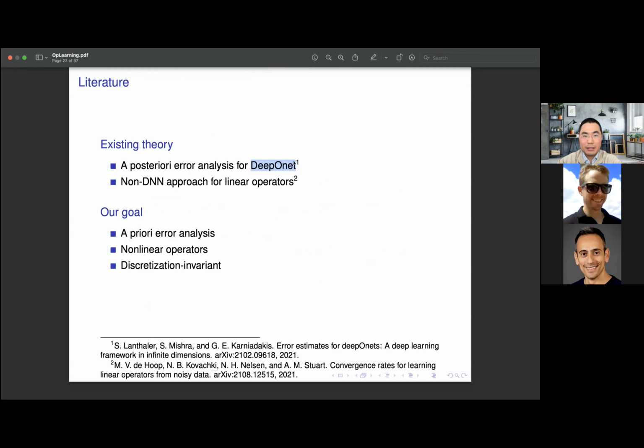For the DeepONet, it is a posteriori error analysis. And the second one is for learning linear operators using some traditional learning algorithm without deep neural network. So our goal is to see whether we can develop some theoretical investigation for a priori error analysis for learning nonlinear operators with discretization-invariant.